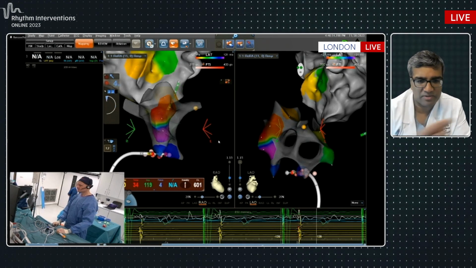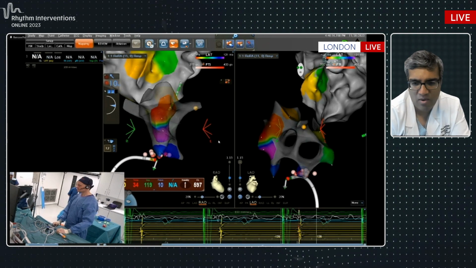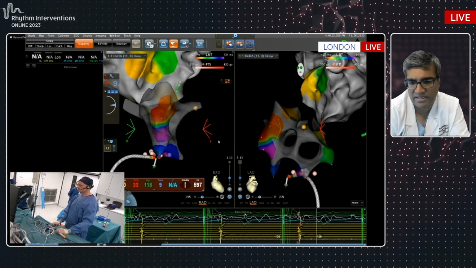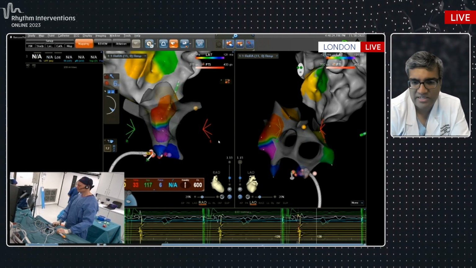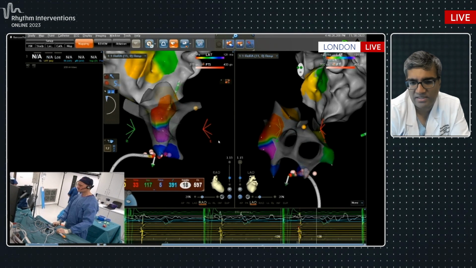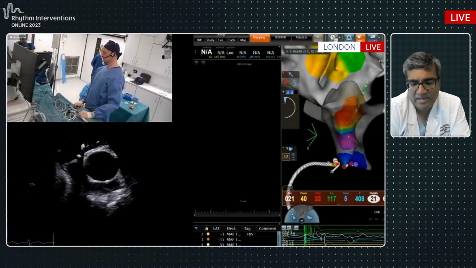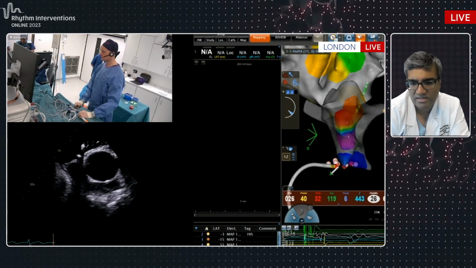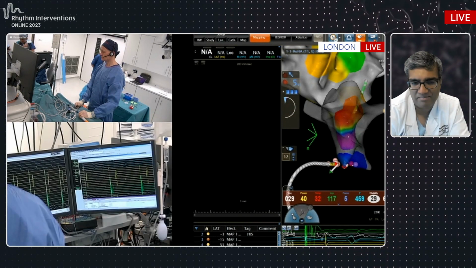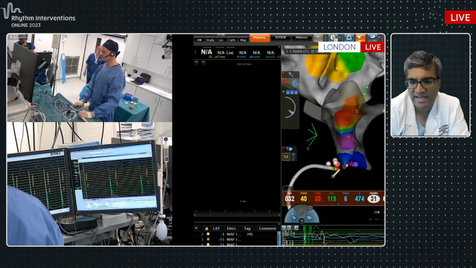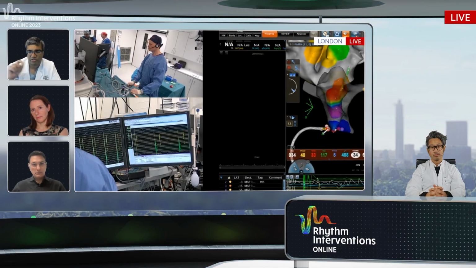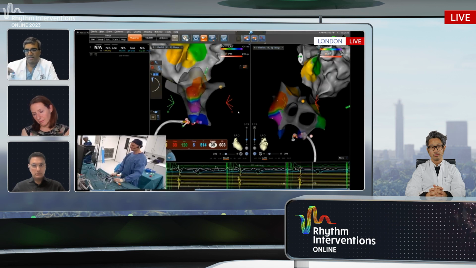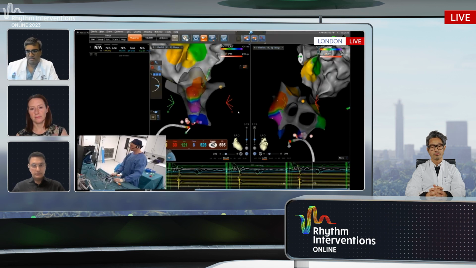So after Richard finishes isolating the veins and everything, once that's done, I actually would give high-dose isoproterenol and look for non-PV triggers because, unfortunately, the ubiquitous nature of PV reconnections belies the fact that somewhere between 20 to 30% of patients have non-PV triggers. So I think you have to also consider that. I'm much more interested in that in a patient like this than in necessarily homogenizing scars or something else. I would be interested in someone who came in with AF as opposed to flutter.